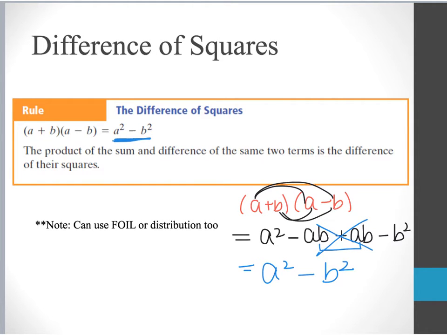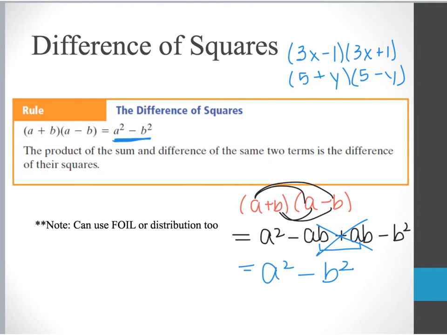So another example of difference of squares could be something like 3x minus 1 and 3x plus 1. Or 5 plus y times 5 minus y. If you notice, the first terms are the same in both binomials, and the second terms are the same number, but the sign in between the two is what is actually different between them.